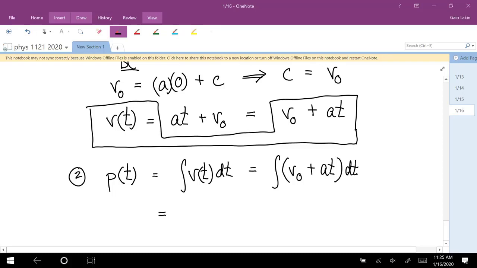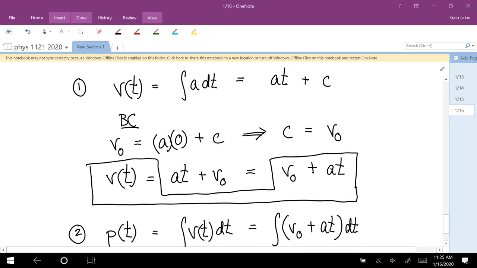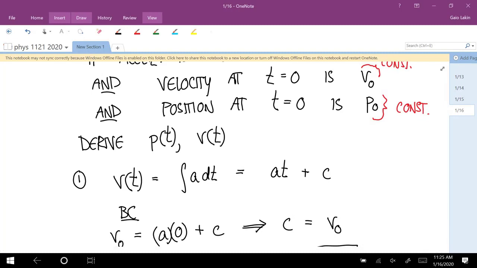And so that's v0t plus at squared over 2 plus, I'll call this C2. And again, we have this unknown constant of integration. We have to use the boundary condition to find that. And the boundary condition that matters for this one says if time is equal to 0, position is this constant P0.